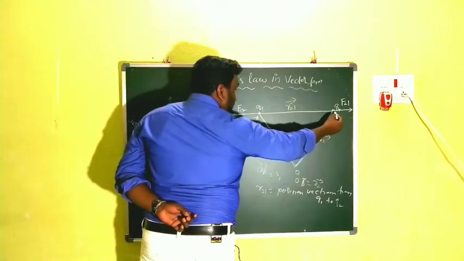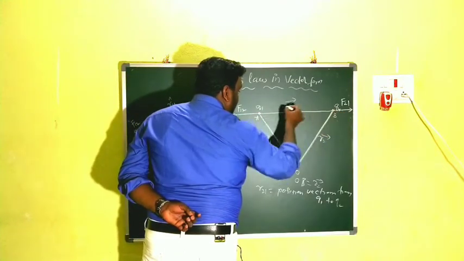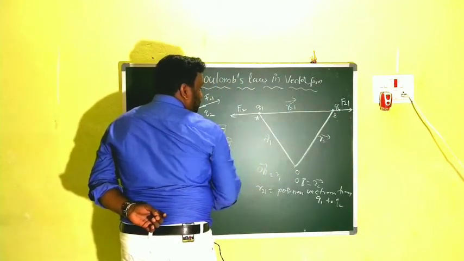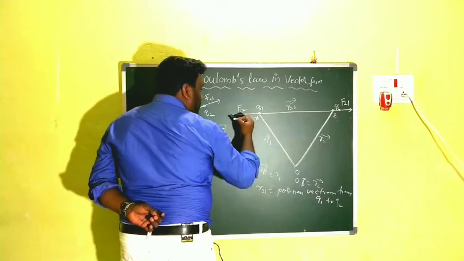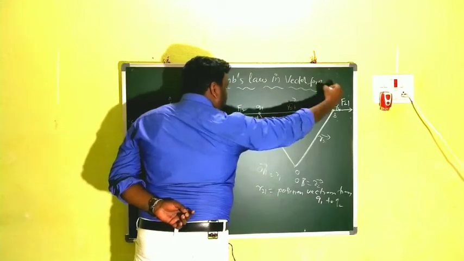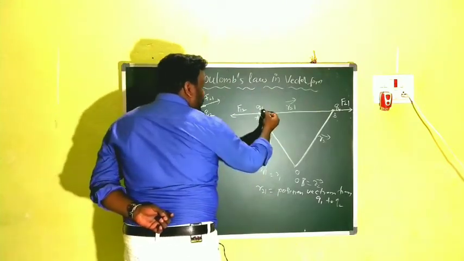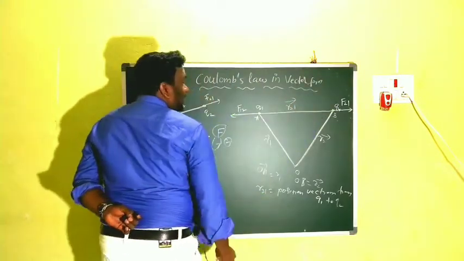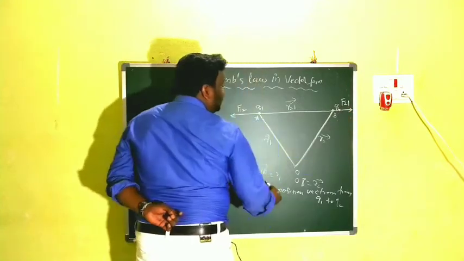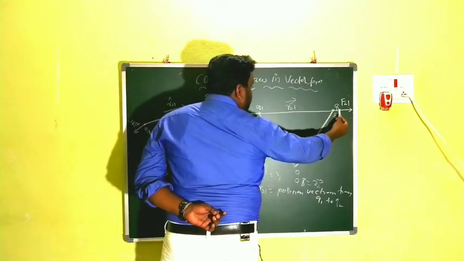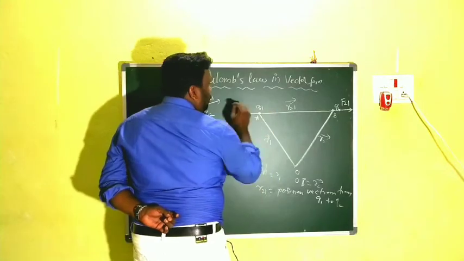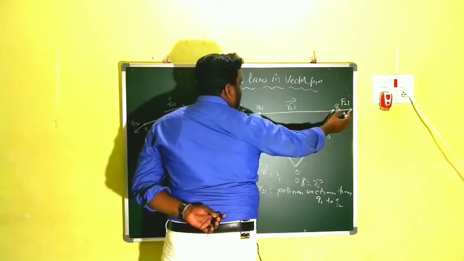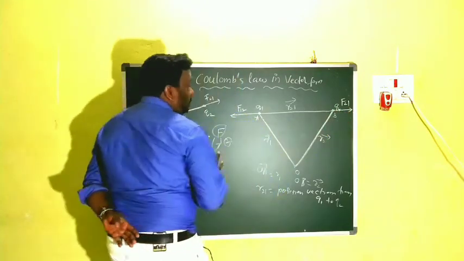F12 means the force on the charge Q1 by Q2. Clear, children? Next, F21 is the force acting on charge Q2 by charge Q1.